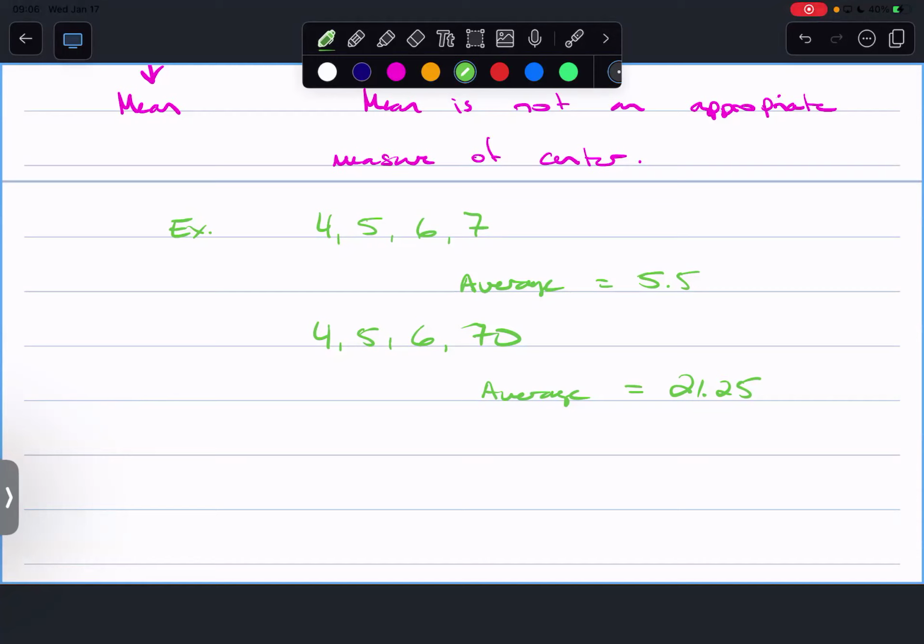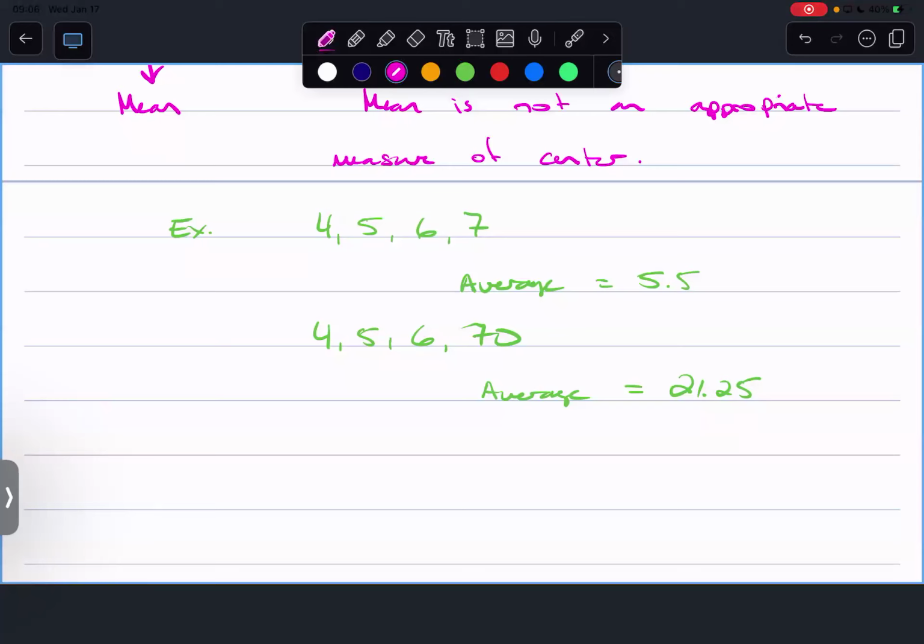So what happened? The average was pulled in the direction of this extreme value, right? As soon as we have a non-symmetric distribution, the average is pulled in the direction of the tail.